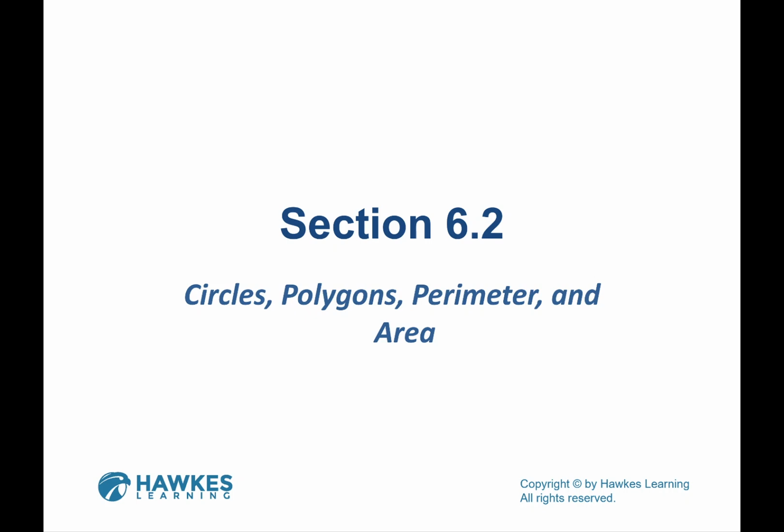In 6-2, we're going to be working with flat figures, 2-dimensional figures. So we'll do some circles, some polygons. I guess that's it, just circles and polygons. And then in 6-3, we'll do some 3-dimensional stuff. So we'll do some volume and surface area in 6-3.